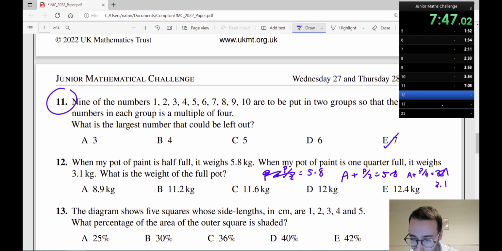3.1. If I subtract the two together, I get P over 4 equals the difference between that, which is 2.7. So P over 2 is... Wait.